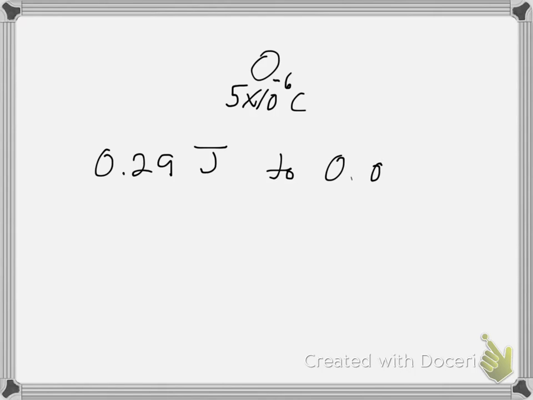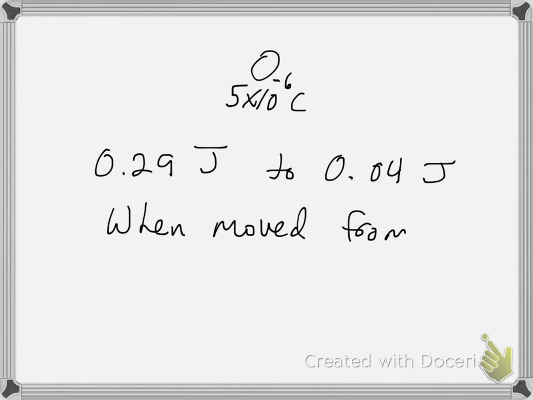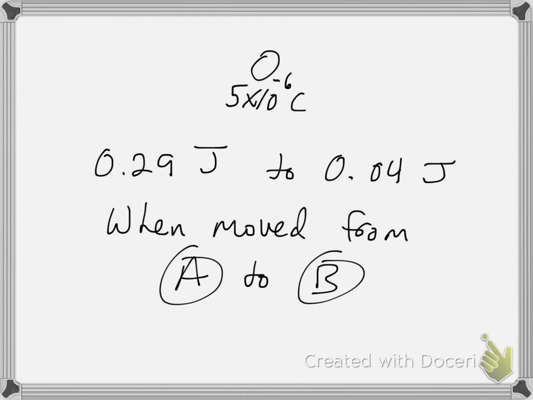So here we have a charge of 5 times 10 to the negative 6 coulombs, and its potential energy decreases from 0.29 joules to 0.04 joules when moved from some point A to point B.